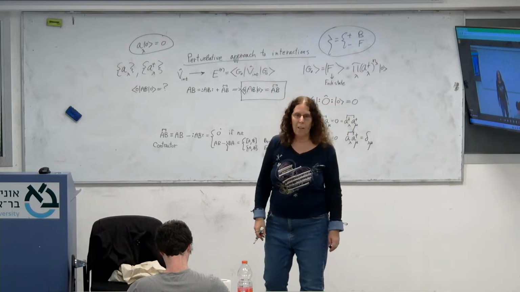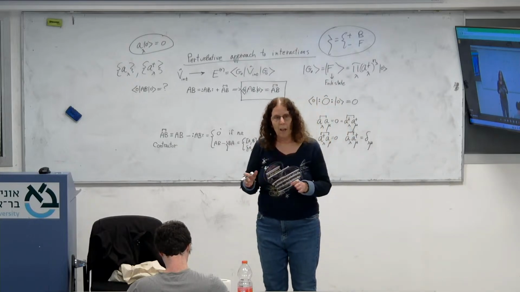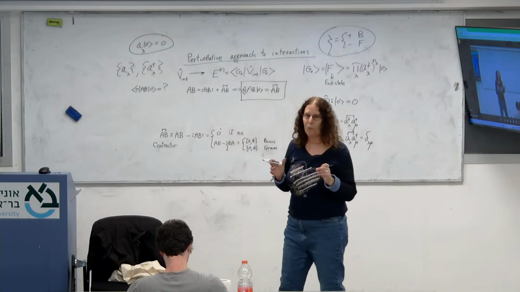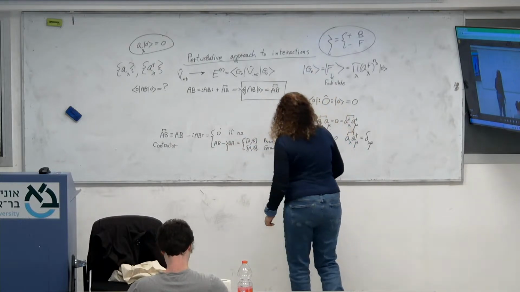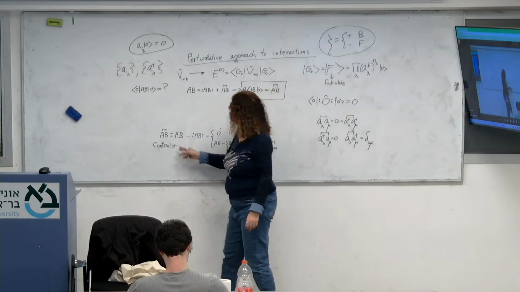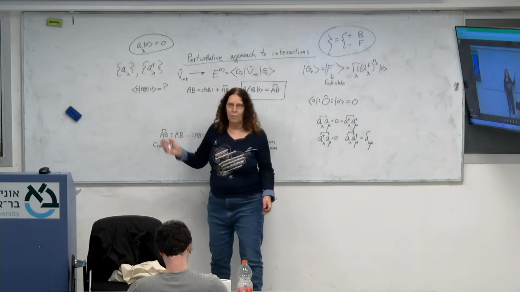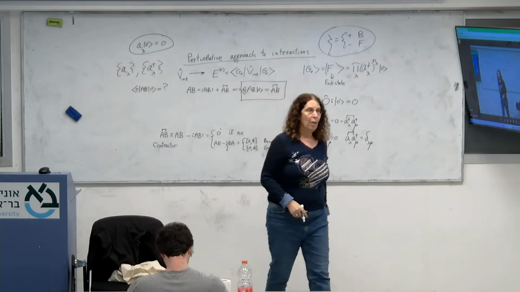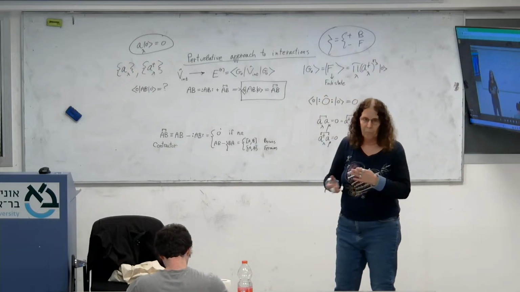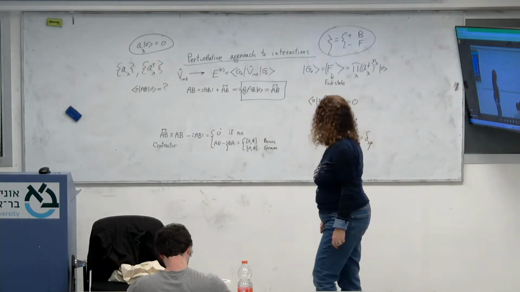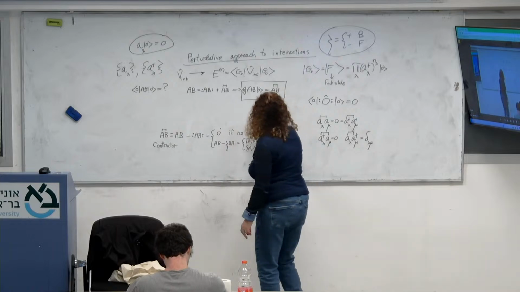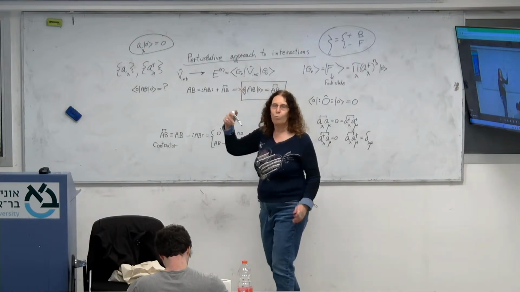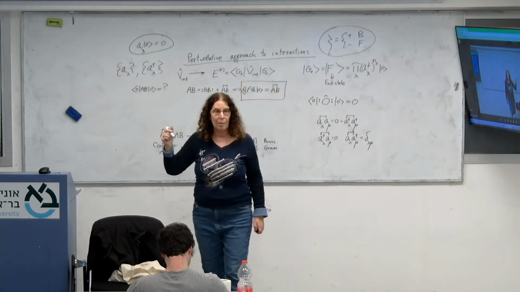Very nice, but this is by itself not that useful. It's kind of trivial because this kind of operator is a single body, something that doesn't involve interaction. And we would like to calculate the expectation value of something that has at least 4 operators, right?